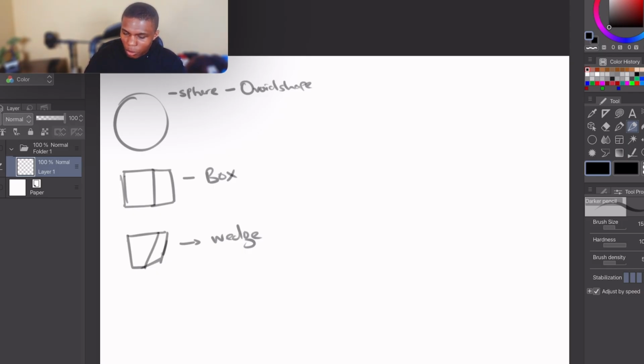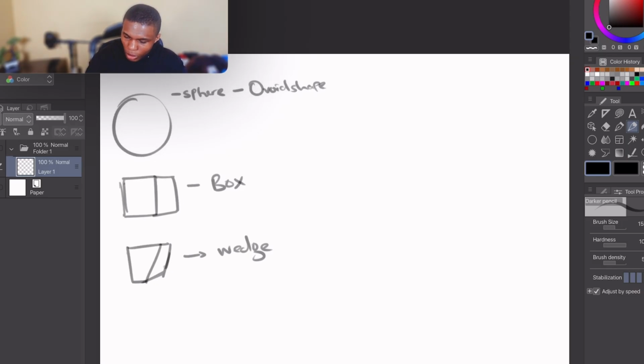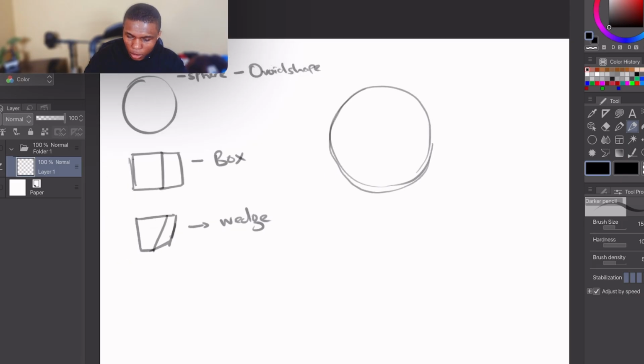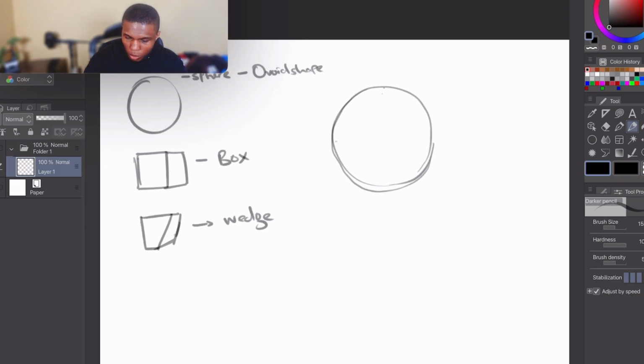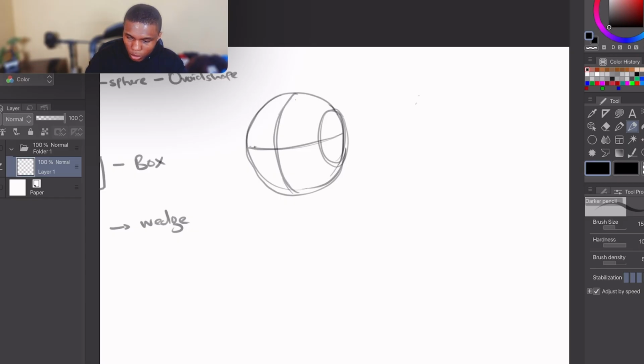So the first thing we are looking at is our sphere, and then our box shape. Then we'll have our center line, depending on where the head is facing. This is one exercise you can always practice. So that head is facing the three-quarter angle.